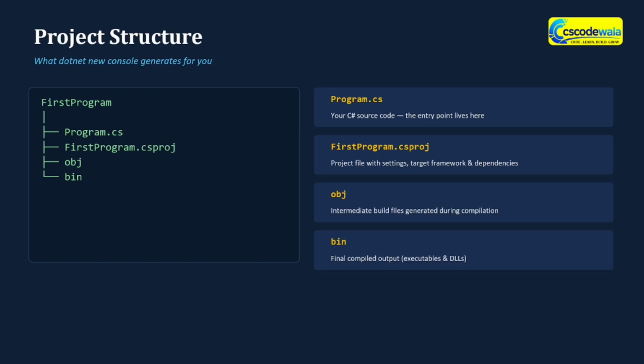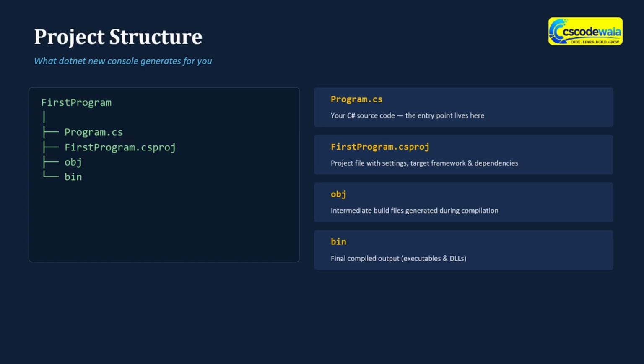The first file is our Program.cs. This is where you will write most of your code, console code. Okay, the execution of your application starts here. Okay, next we have the project file.